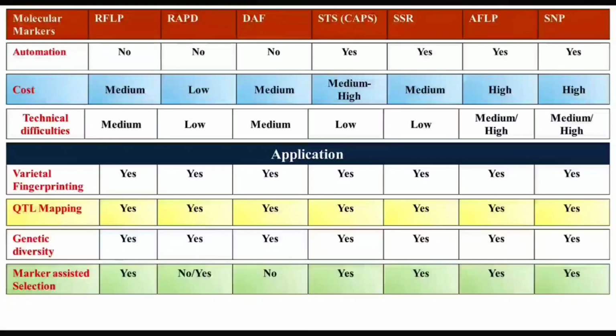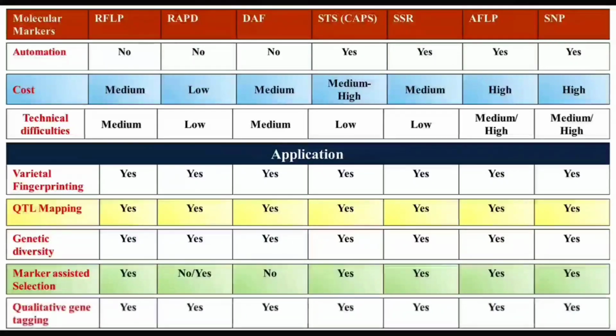So you will sometimes get somewhat confusing results. So it can be used as well, and the rest of the markers can also be used except for DAF. Then there is qualitative gene tagging. All of these can be used for qualitative gene tagging as well.